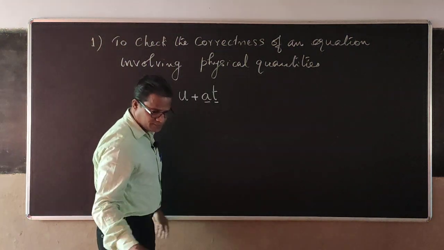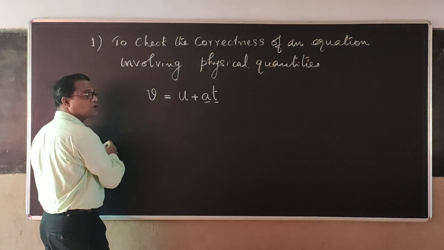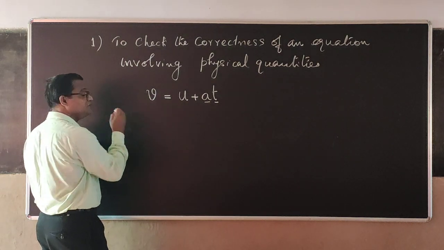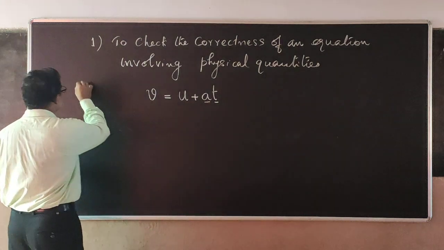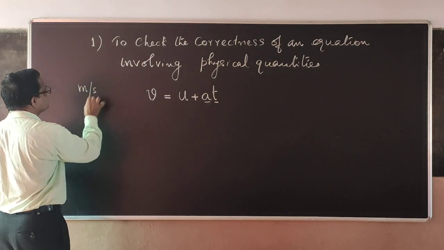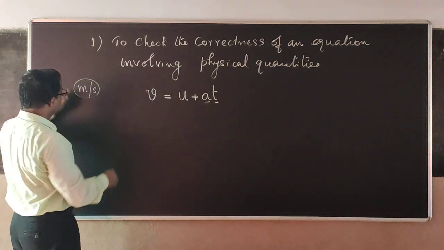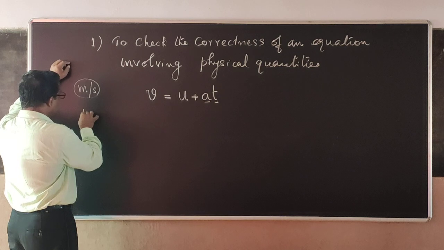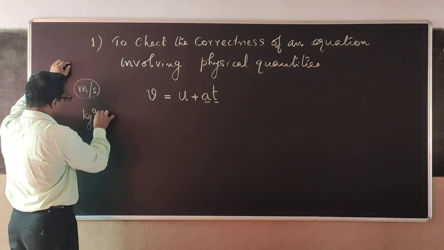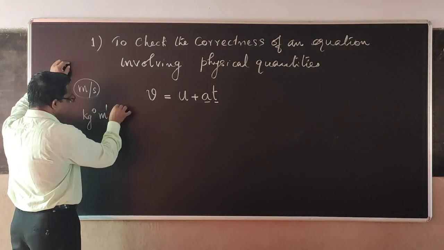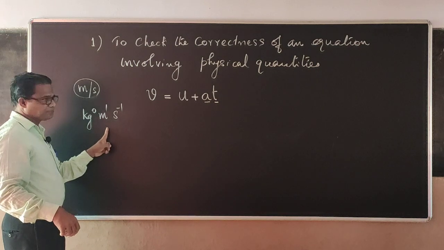Let us see that. Left hand side velocity. Velocity is meter per second. Unit is meter per second. So I can write this as kilogram raised to 0, meter raised to 1, second raised to -1.